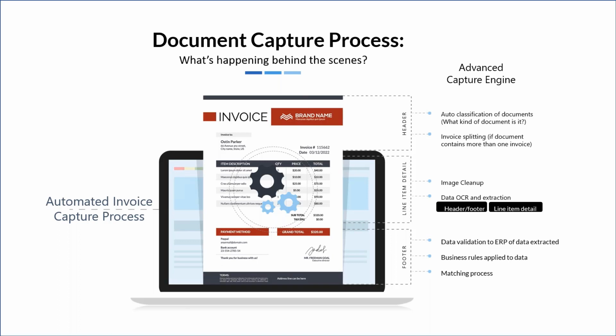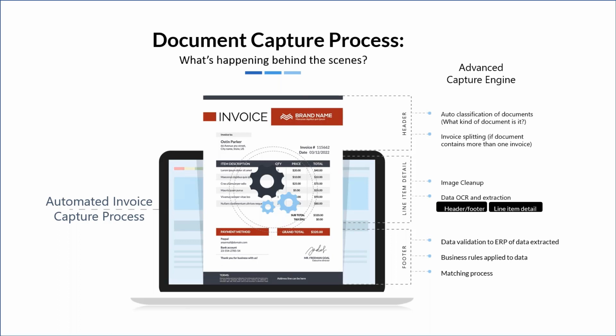So it's figuring out, hey, what kind of document is this? Is it multiple documents that are inside of a single PDF document? So if we're monitoring an email account, is there a single PDF that might contain multiple invoices and need to be split up? It's doing image cleanup. It's doing OCR data extraction at the header and footer level, all the way down to the line item detail if you need to go down to that level.